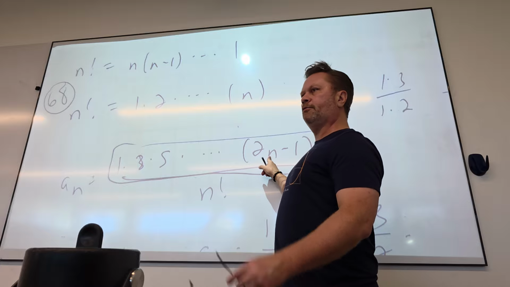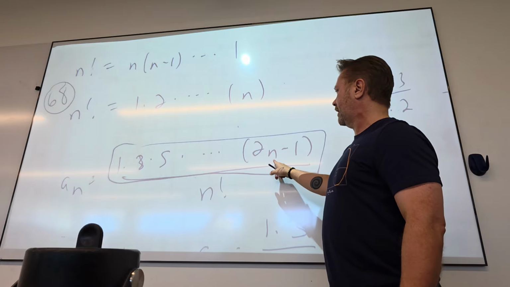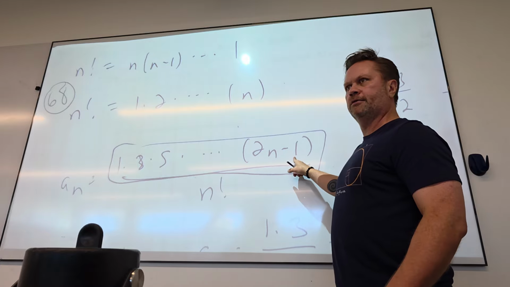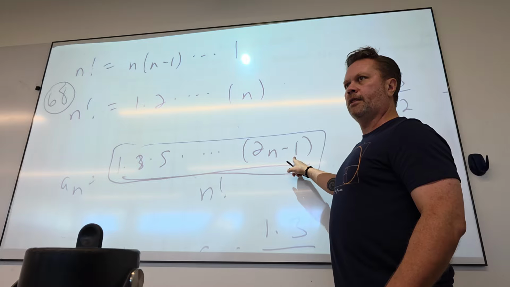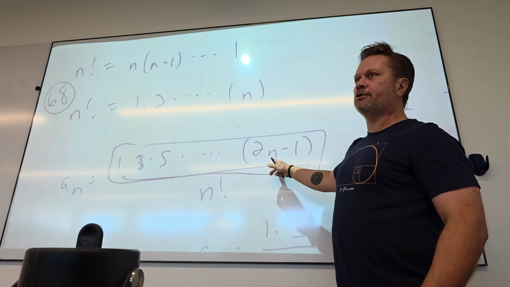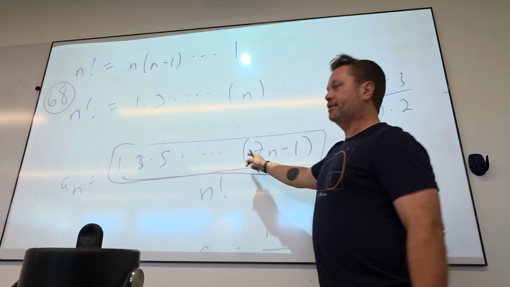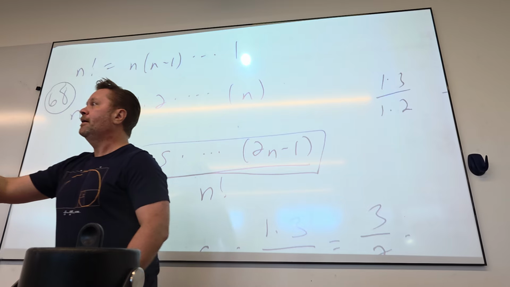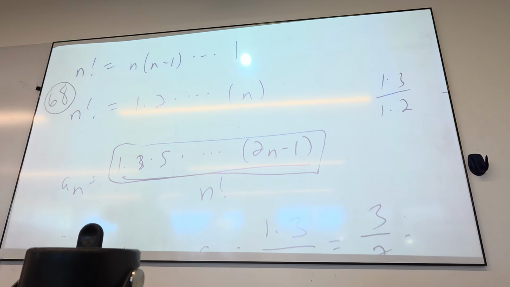So if n is 7, the numerator for the 7th term would stop at 13. Now what's weird is the numerator for the first term stops at 1. So the definition says start at 1, and then multiply by 2 more until you get to the maximum. And in that case, the max is 1. So I start at 1, I'm at the maximum. So that's why the first numerator is 1.